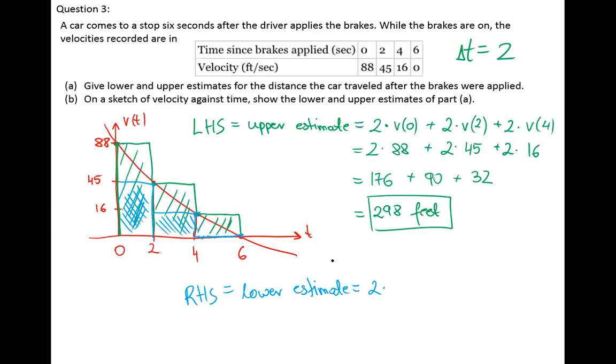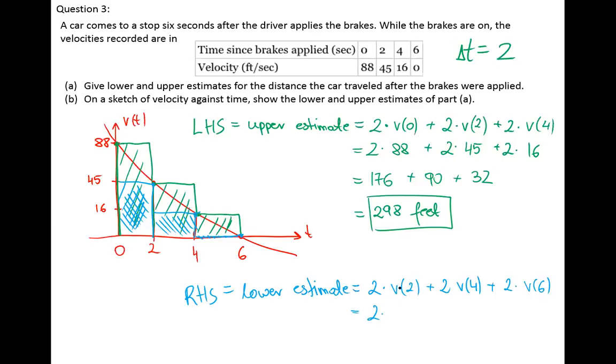And what do we have? We have 2, which is delta t, times the value of the function, not f, v, at 2, plus 2 times the value of the function at 4, and 2 times the value of the function at 6, which is 0.